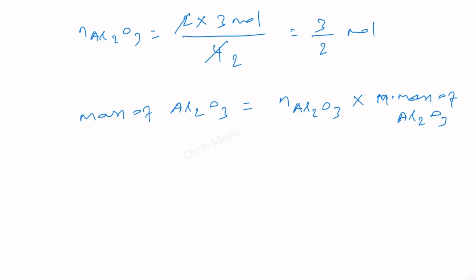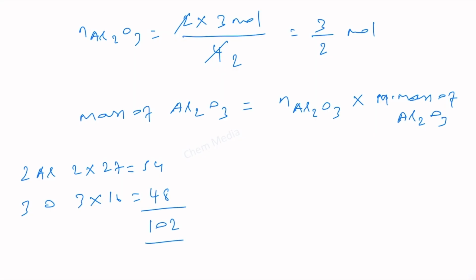Molar mass of Al2O3 is, we have 2 aluminum atoms, therefore 2 times 27, that is equal to 54. We have 3 oxygen atoms, therefore 3 times 16, that is equal to 48. Therefore, this total will be 102 gram per mole.